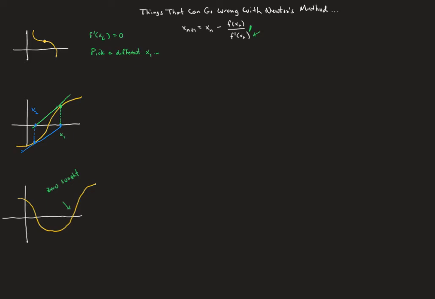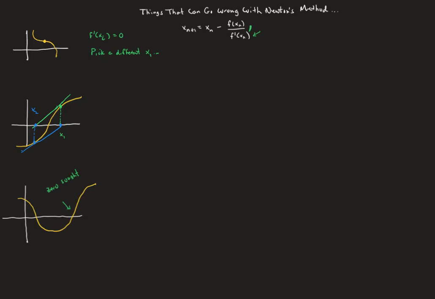And so now we've got a major problem because it's just going to keep bouncing back and forth between the two, and you get caught in an endless loop. And there's no good solution that I'm aware of for that. We're going to do an example with you later where it even goes a step further, where you make your first guess and then the next iteration takes you further away from the zero, and then it goes even further away.